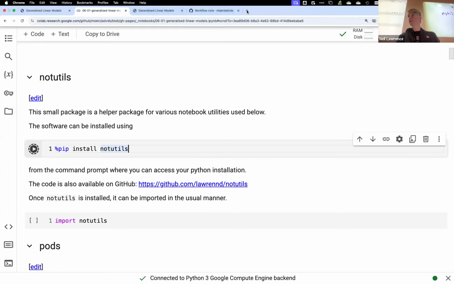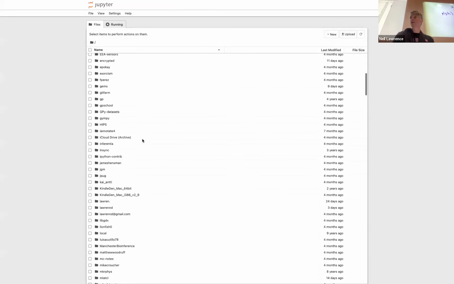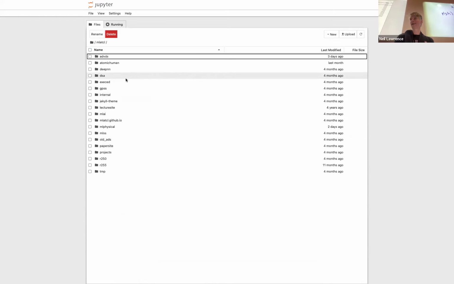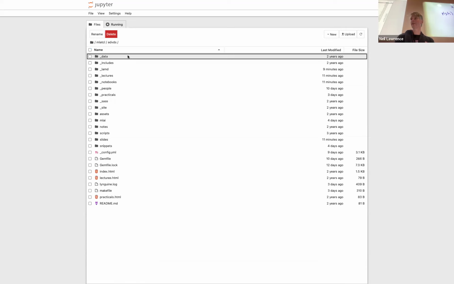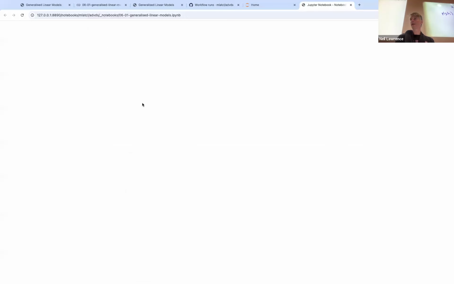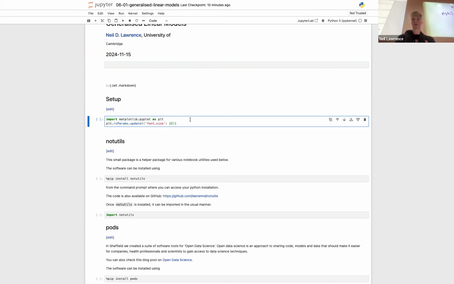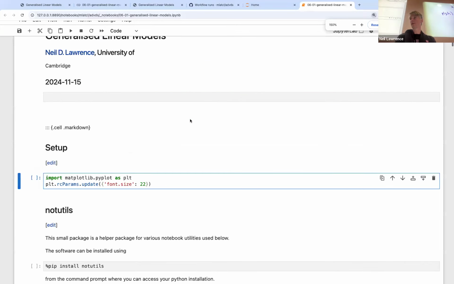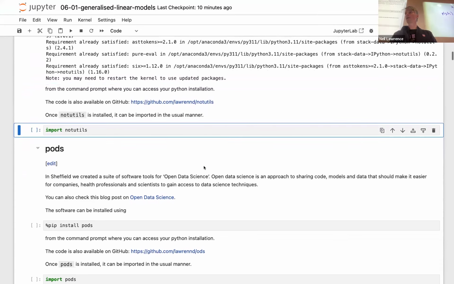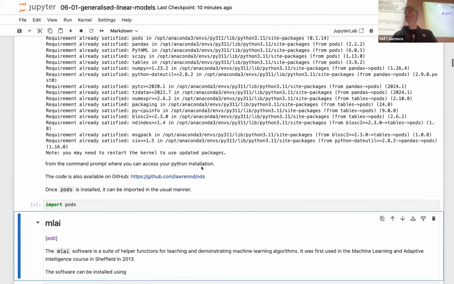So I prefer to run it on the notebook because then I know that it's also all working for you. But in this case, I'll just run it on my laptop. Okay, so those will be installed on here, but what I suspect is not installed on here is statsmodels.